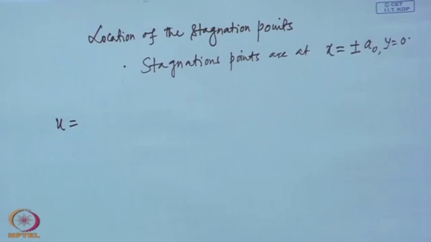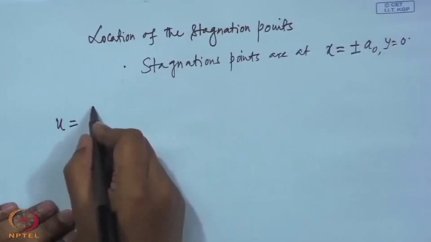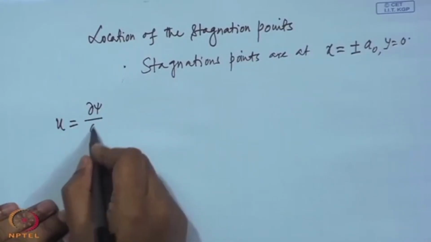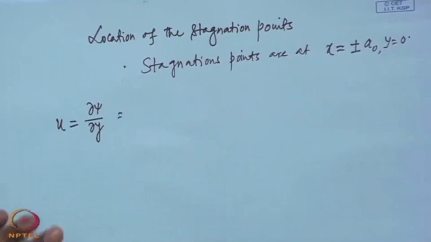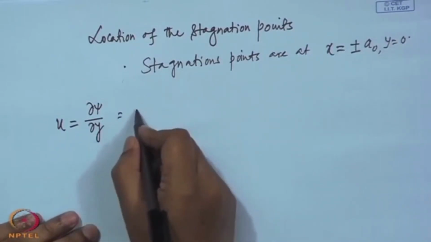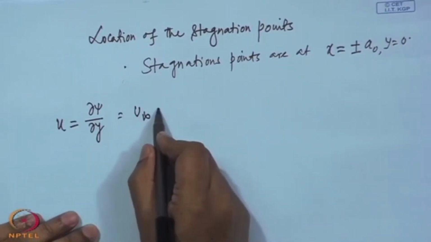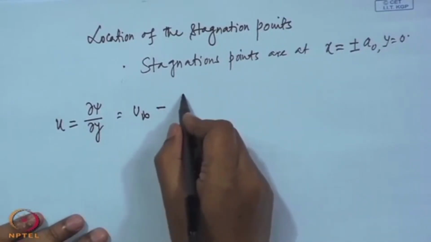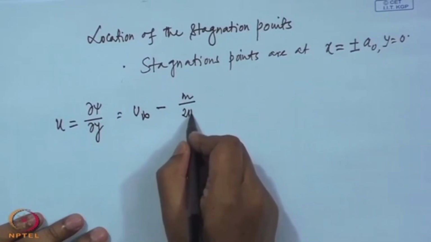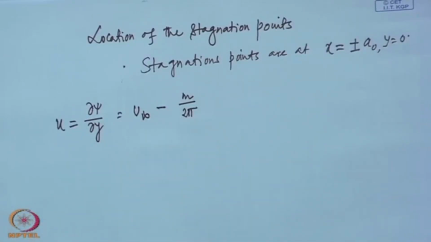Say we are working in terms of psi, so it will be easier to find it in terms of psi. D psi dy. u infinity, then differentiate that tangent function.